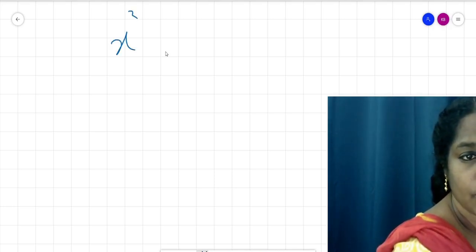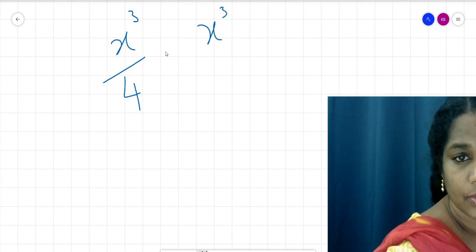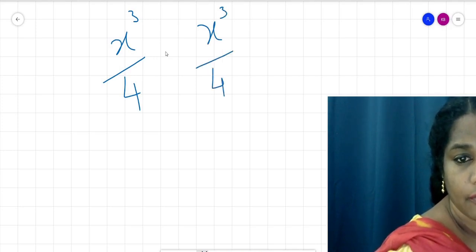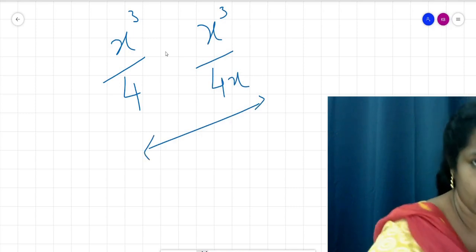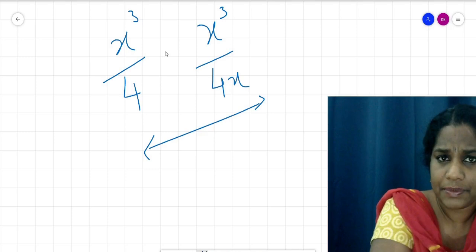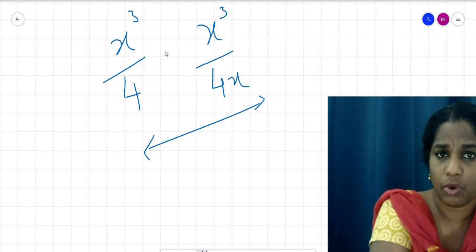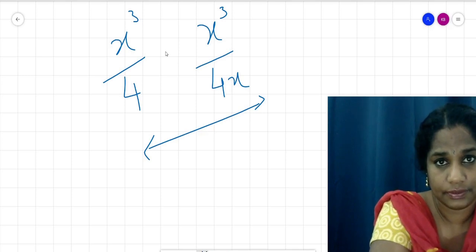Now x raised to 3 by 4 and x raised to 3 by 4x. Among these two, wear your thinking caps. It is not that difficult. Wear your thinking caps and take a guess which one is polynomial and which one is not a polynomial.